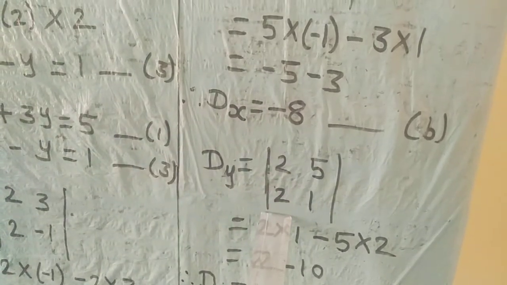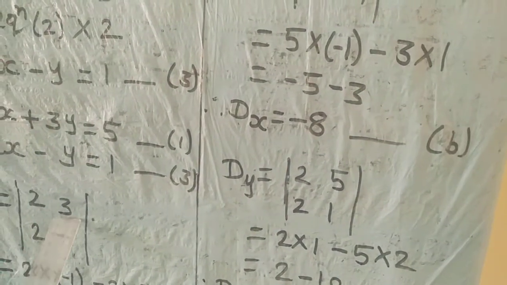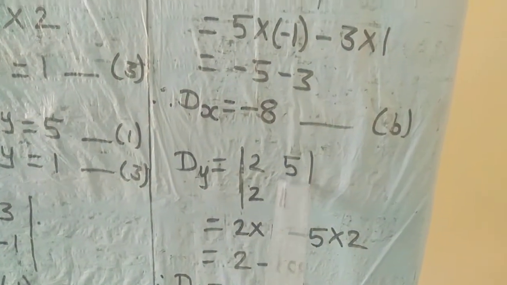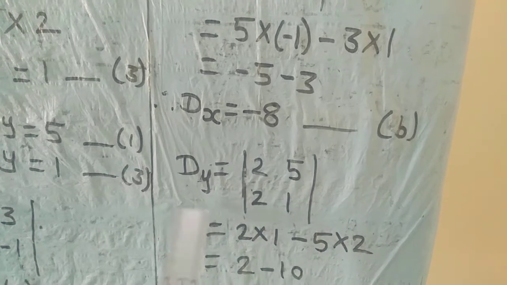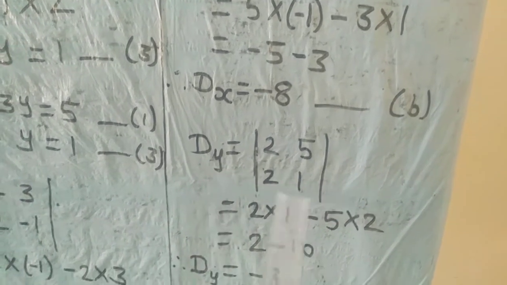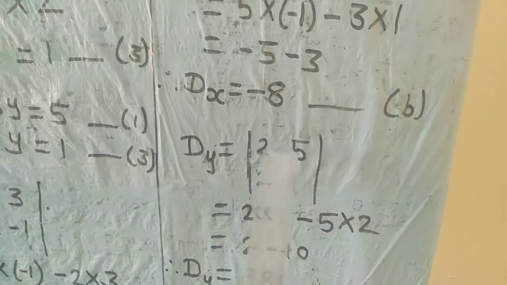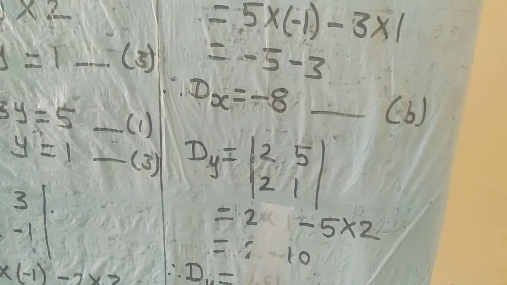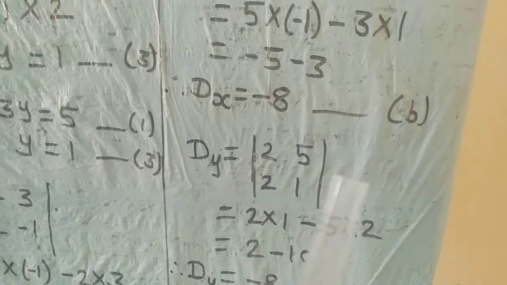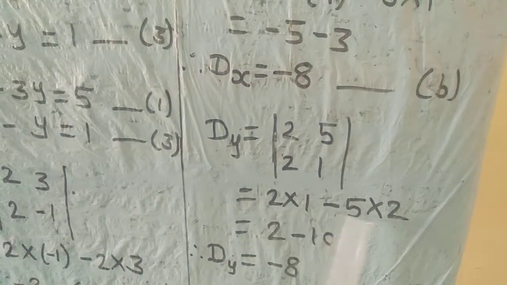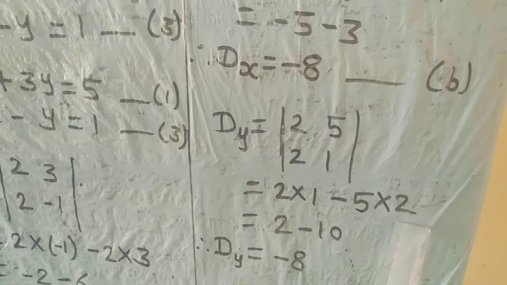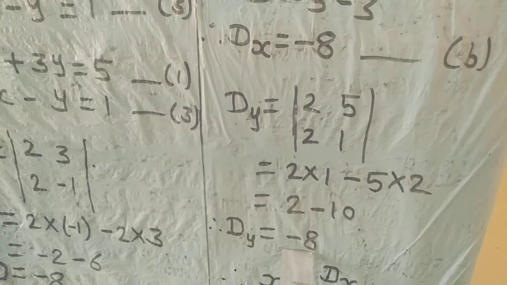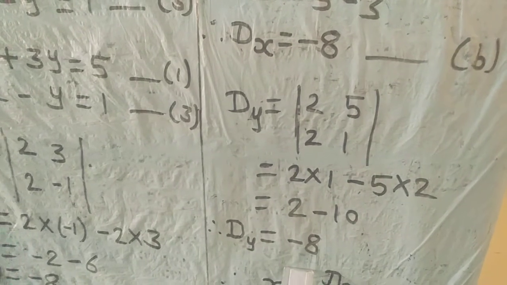So after that you will get the determinant 2 5 2 1. Again solve it by cross multiplication. 2 multiplied with 1 minus 5 multiplied with 2, that is 2 minus 10, that is minus 8. So this is the value of dy.